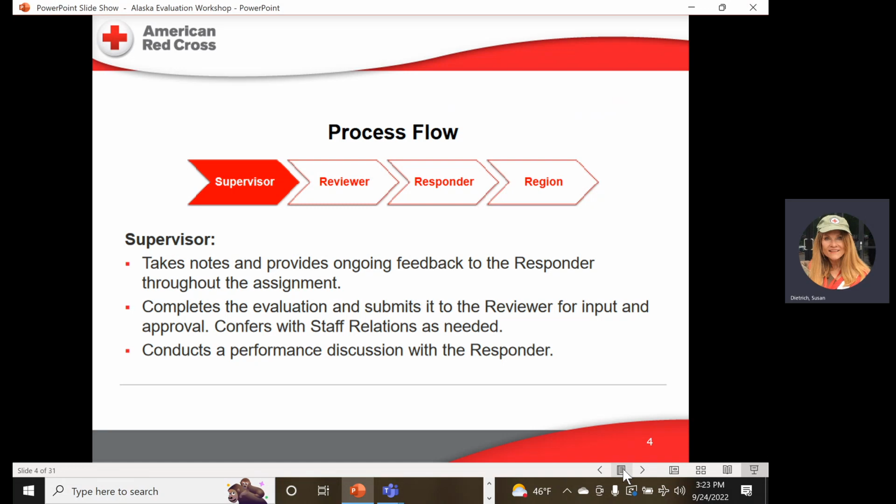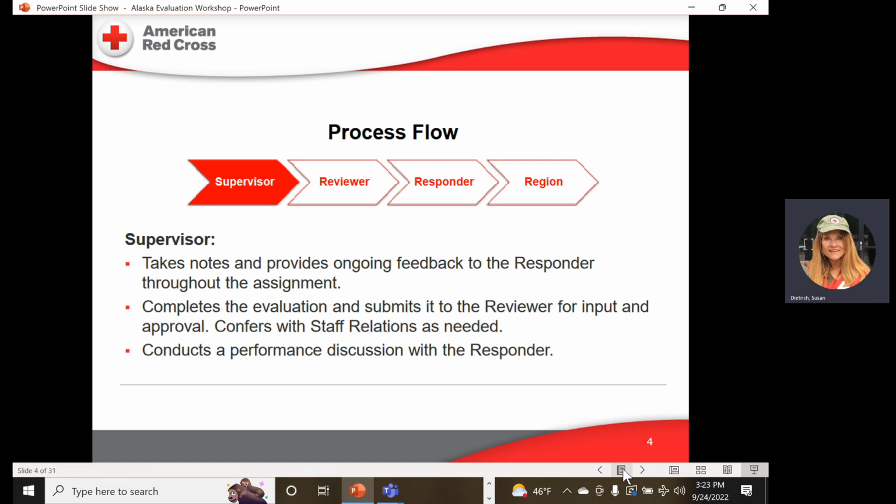So the supervisor takes notes and provides the ongoing feedback to the responder. And this happens throughout the assignment. The supervisor completes the evaluation and submits it to the reviewer for input and for approval. And if there's an issue, then they may want to confer with staff relations.